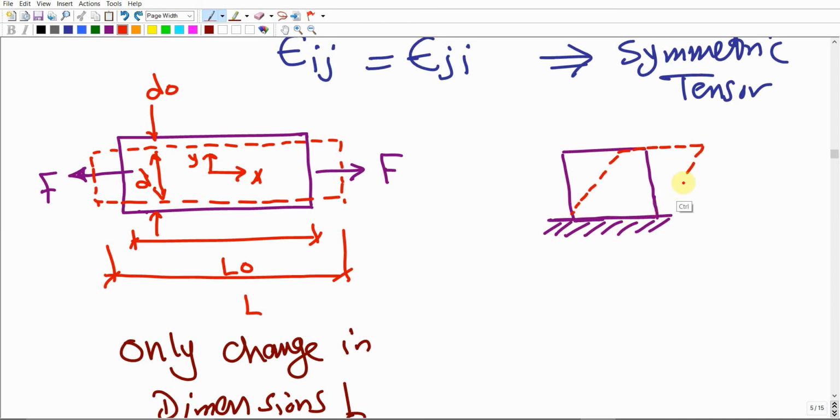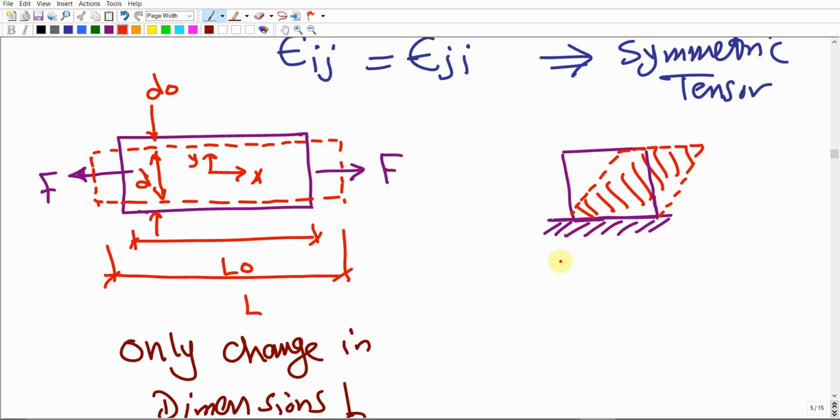Here this object didn't rotate. It means that there is no rotation. Yes, there is a rotation here, but I mean that there are some points still fixed. It means there is no rigid rotation. There is a deformation in terms of change in the shape. This shape was a square, now it has a diamond shape, a different shape, right?